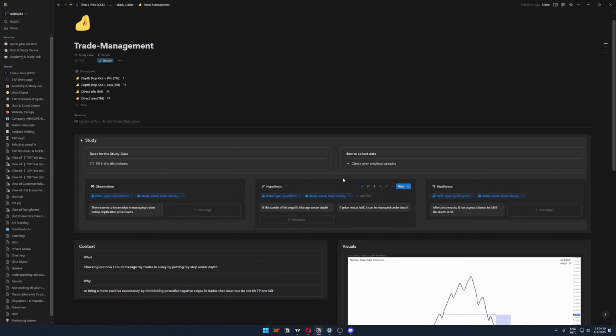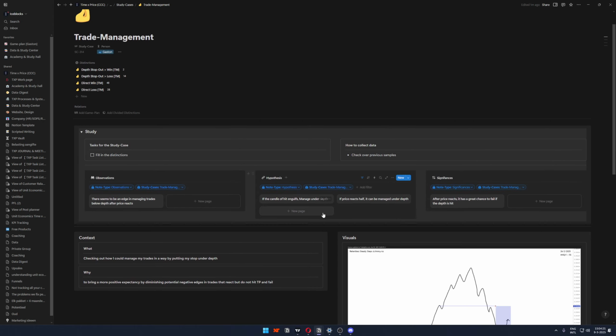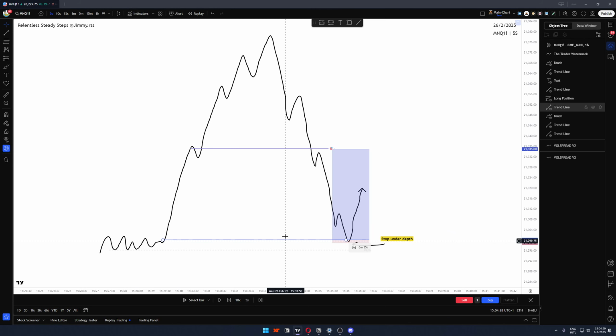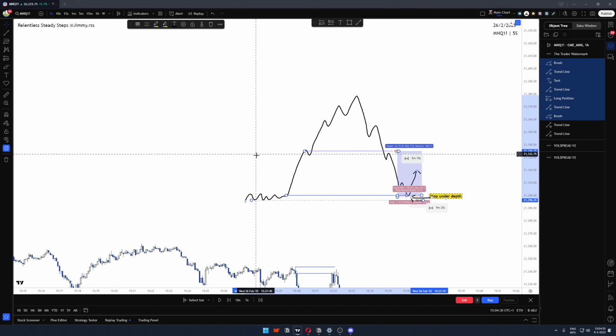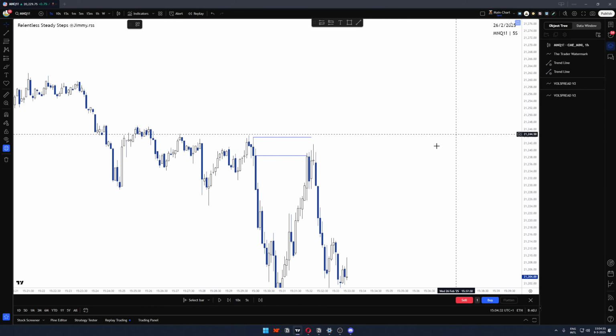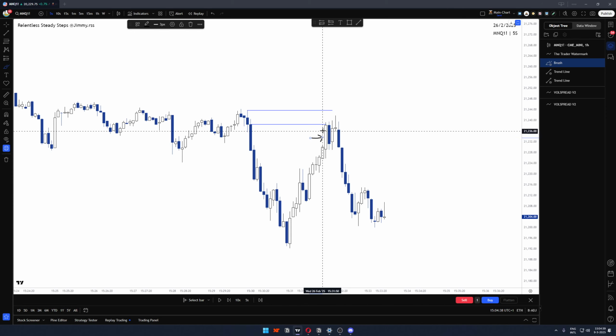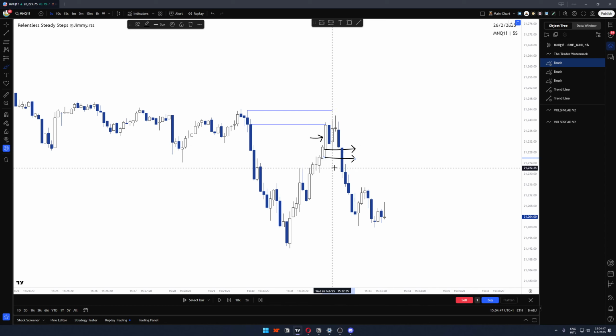So what I do with the study case is I mark down the hypothesis. So in this instance, if the candle it hit engulfs, manage under depth. So that would simply mean, in the example we have right here, that price shows us that price has hit on this candle, this white candle right here, as it hits the level, and this will be the open and this will be the outer end of the candle.